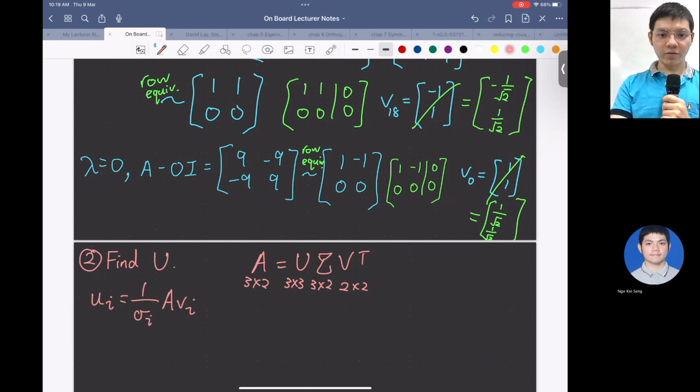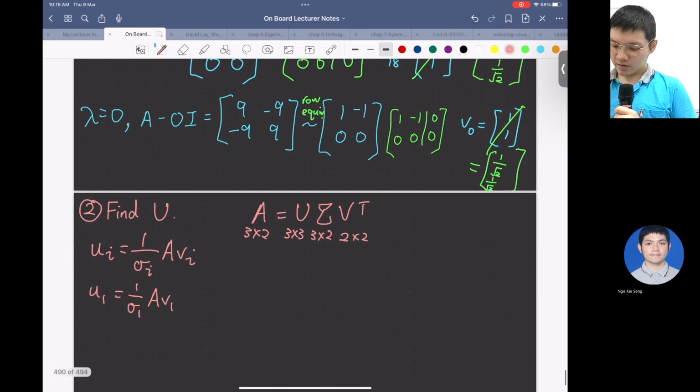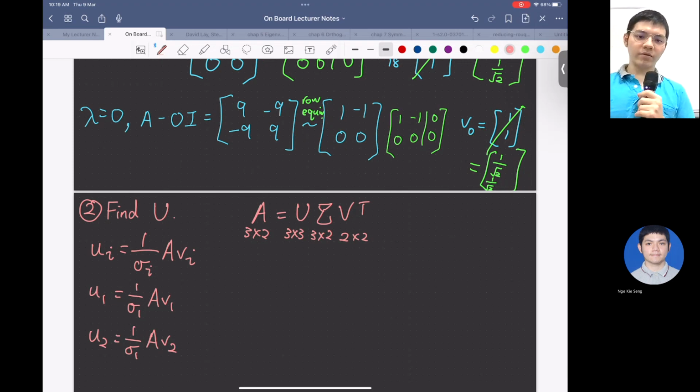So you get u1 equals 1 over sigma 1 times A v1, and u2 equals 1 over sigma 2 times A v2. How about u3?